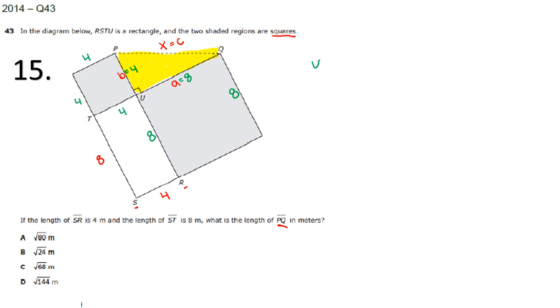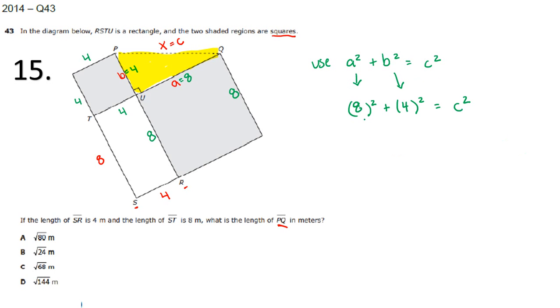So then if I use Pythagorean theorem, we have everything we need. My A in this problem is 8 squared. My B in this problem is 4. We're trying to find C, which is that PQ side that we said was our x or our c.